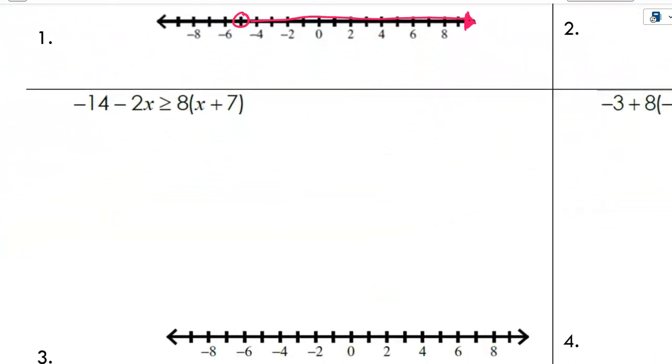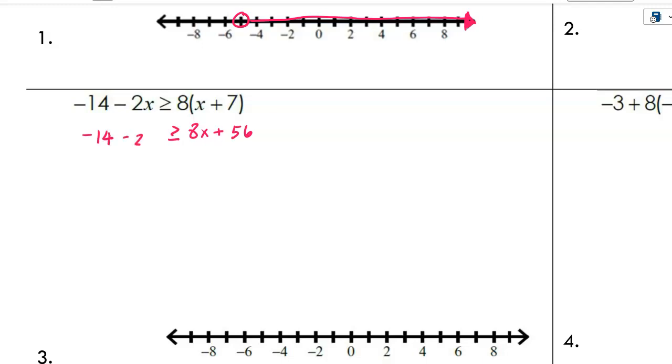Okie dokie. So we have another one here. This one I have to distribute. Well, I could divide both sides by 8, but I'll get a fraction on the other side. So who likes a fraction anyways? So I'm going to go ahead and distribute. So 8x plus 7 times 8, 56.